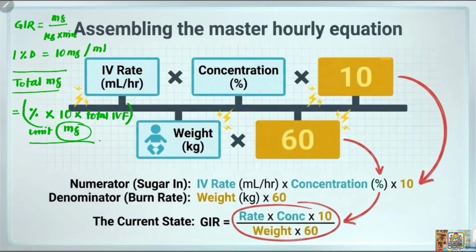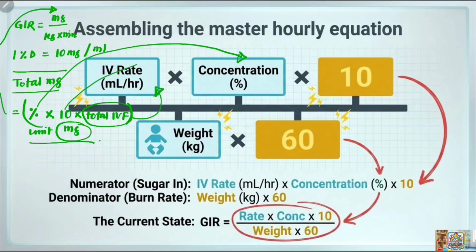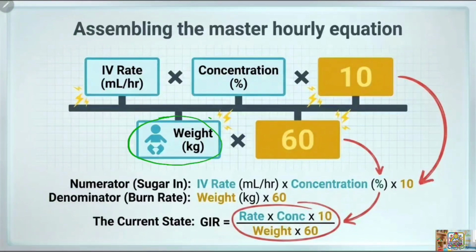Now let's put it into our milligram position. Total IV fluid will be written as ml per hour. Concentration is written here and 10 is written here. This is the total milligrams of glucose given to the baby. Now kilogram remains as it is.